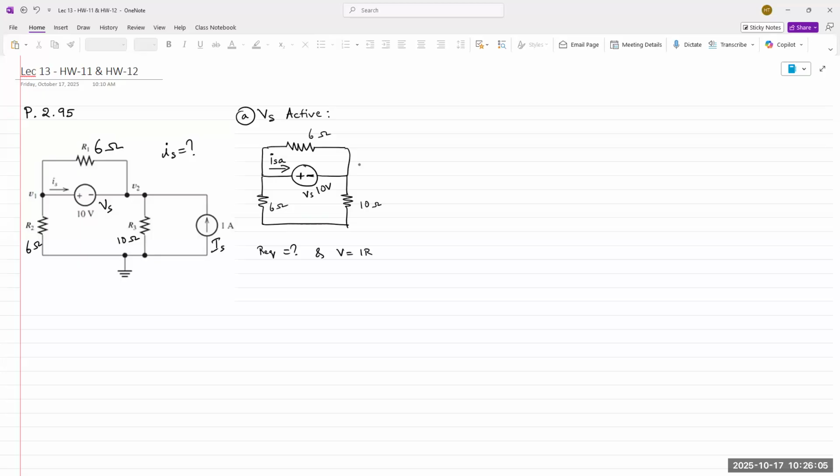All right, let's look at IS active. And this is interesting. If IS is active, what happens to the voltage source?